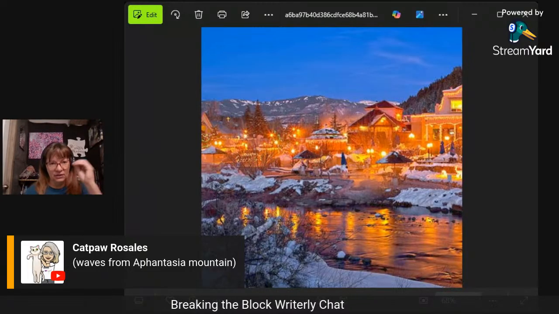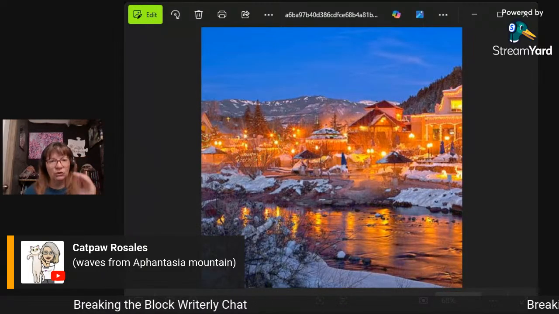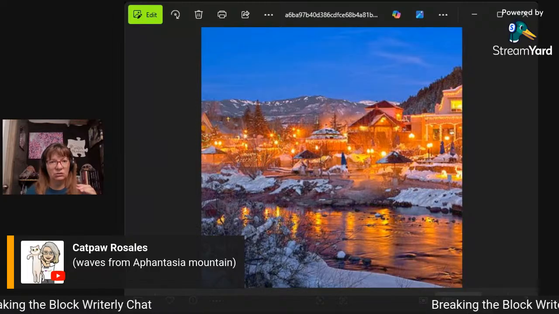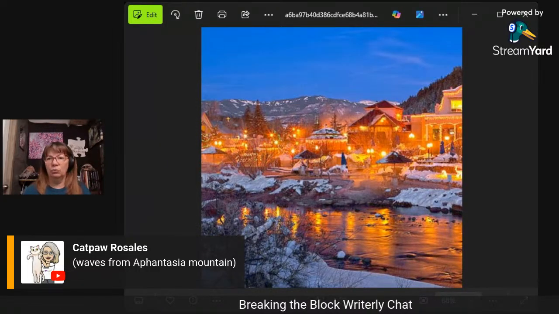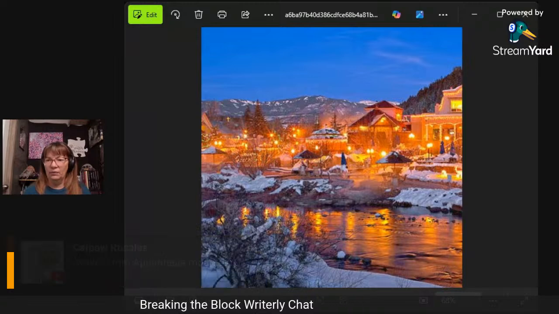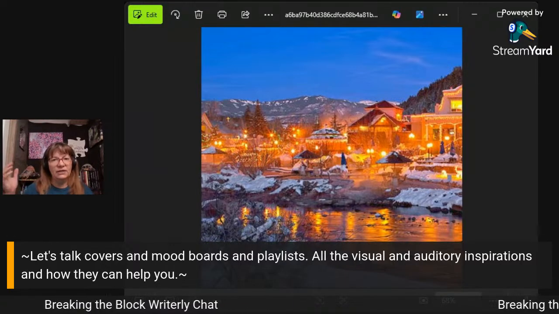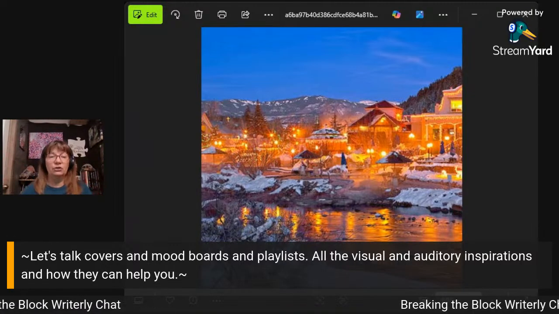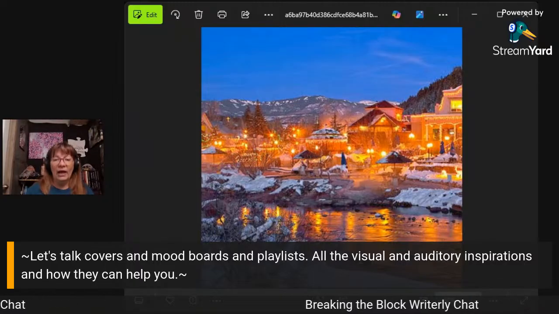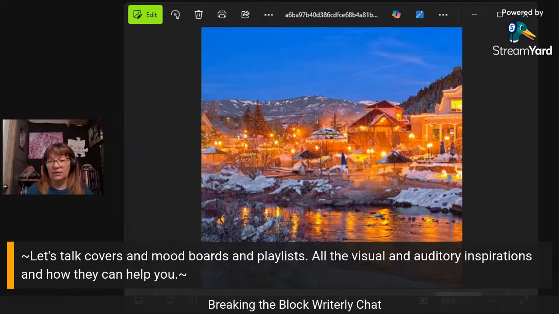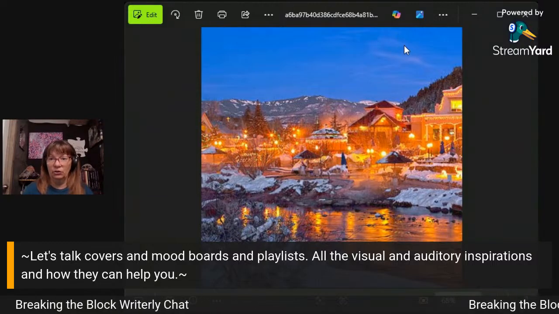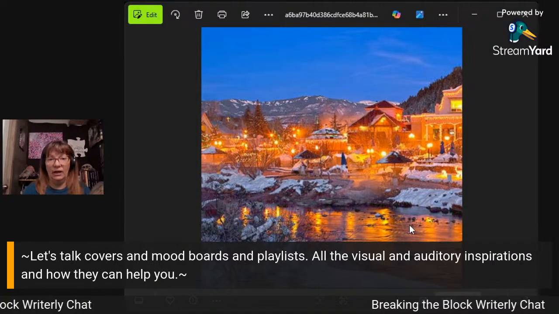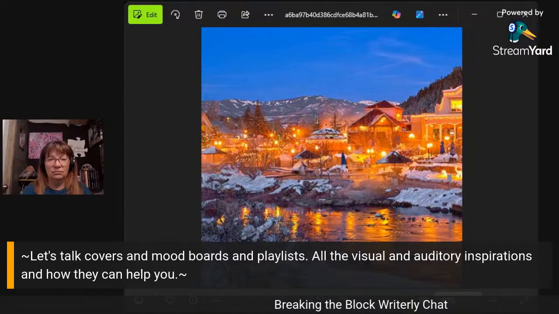And having this visual representation to touch on the world you've created, the world you're building, what is actually around your characters helps greatly, because there's a lot of times that you'll be looking at something and you'll be like, I have no idea. I have no idea what this is.